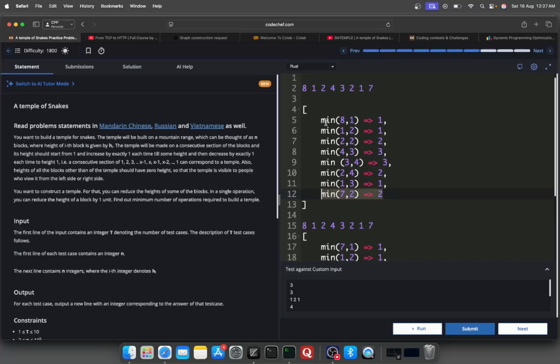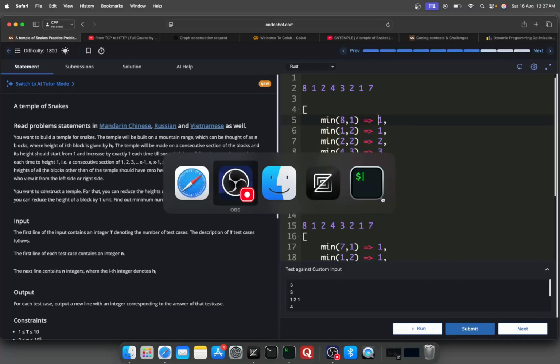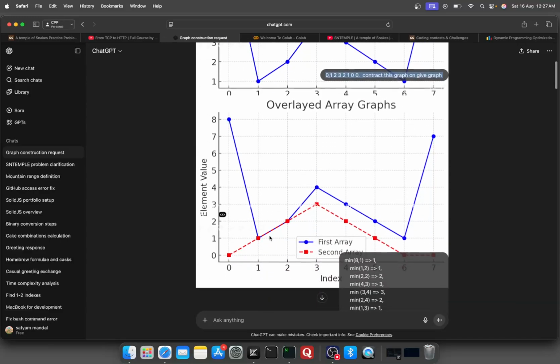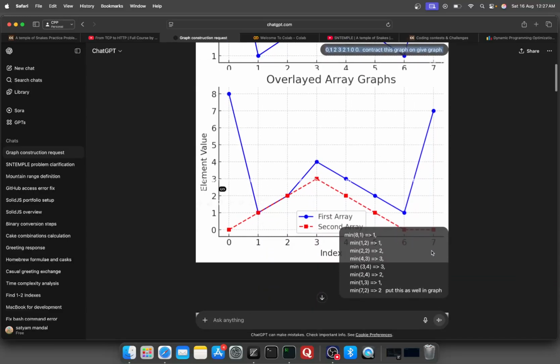So after putting these points on the graph, the graph looks like this one. What we are trying to do here is maximize our peak point.